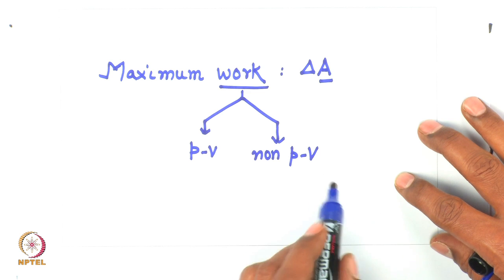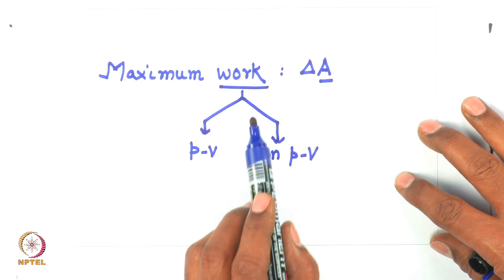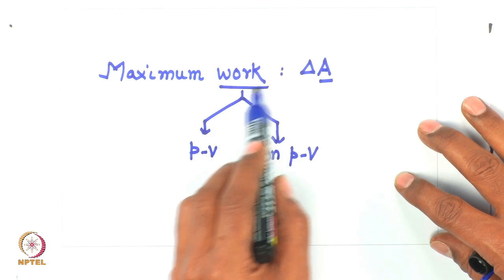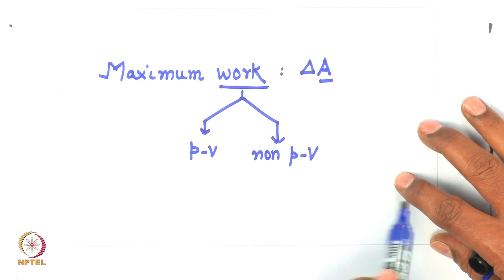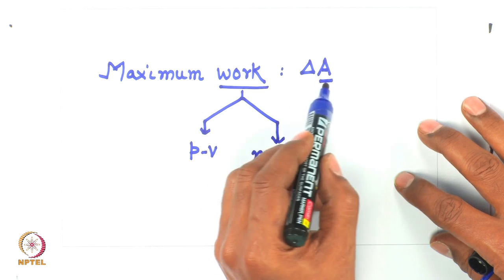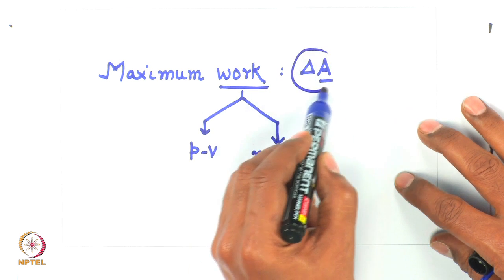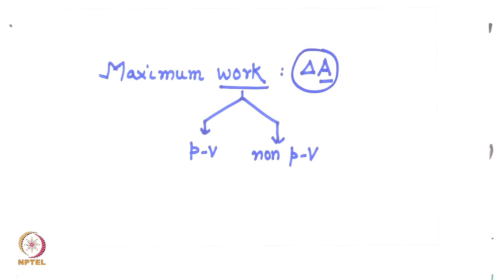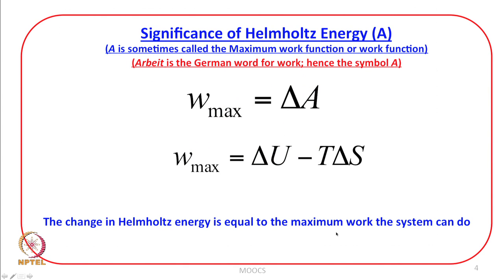That means, if we are to find out how much maximum work is obtainable from the system, inclusive of both pressure volume and non pressure volume work, we need to calculate the value of delta A. That is what the comment mentioned here in the slide says, that the change in Helmholtz energy is equal to the maximum work the system can do.